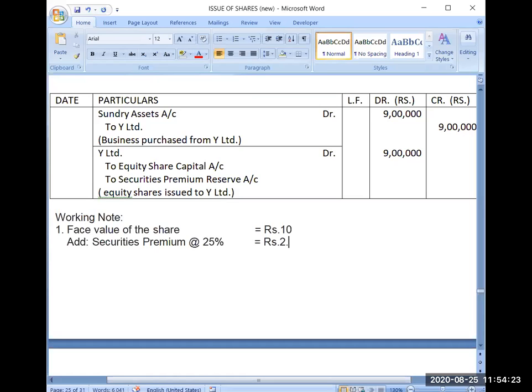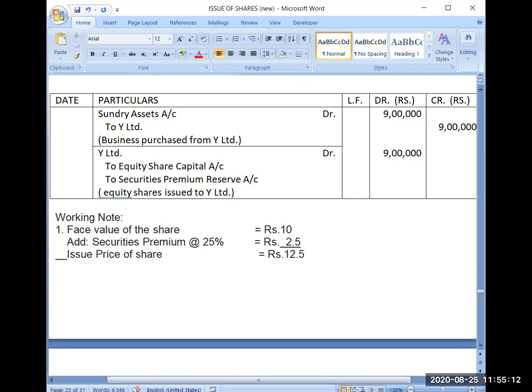So now if I want to total it, it will be the issue price of share is equal to rupees 12.5.